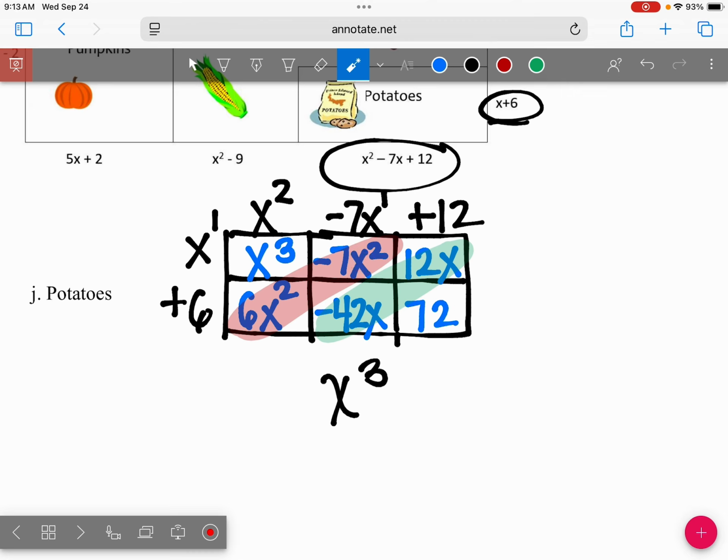So it'll be 6 minus 7, which is negative 1x squared. Negative 42 plus 12, negative 30x. And then lastly, positive 72.